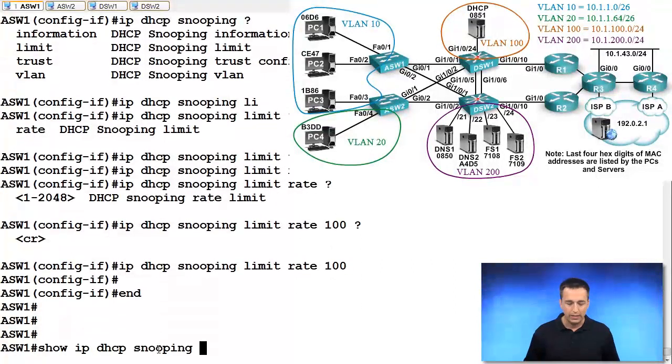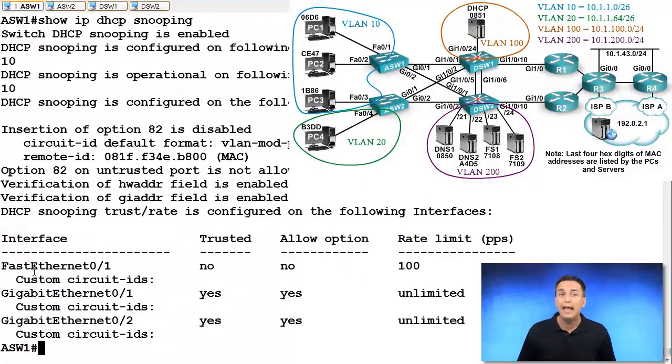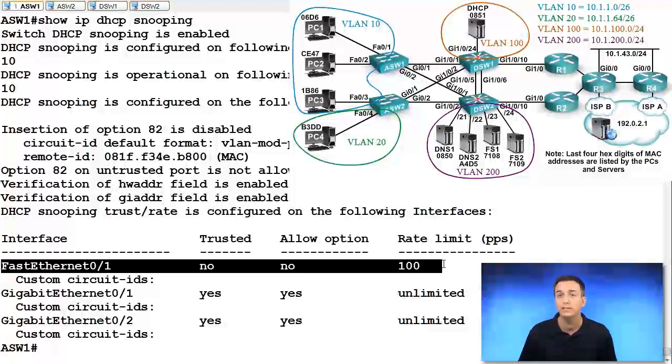If we examine the output of show ip dhcp snooping again, we will see that any untrusted interfaces that have a rate limit specified will appear here as well. So trusted interfaces appear here, and untrusted interfaces that have had their default configs modified, for example, they now have a rate limit applied, will appear in this output as well.